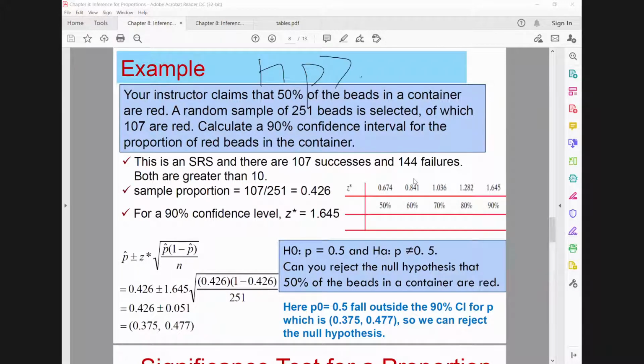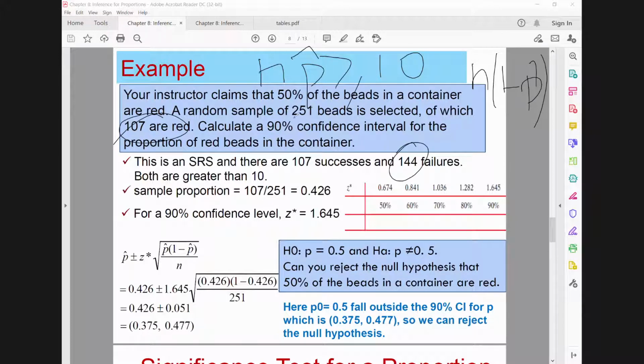That means n times P hat is more than 10, here we have 107, and n times 1 minus P hat, which is equal to the number of failures, which is 144. Did you understand, guys, how we found 144?